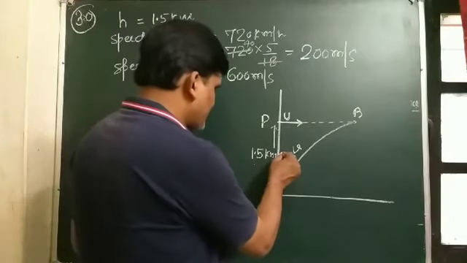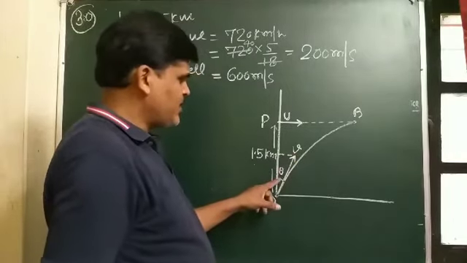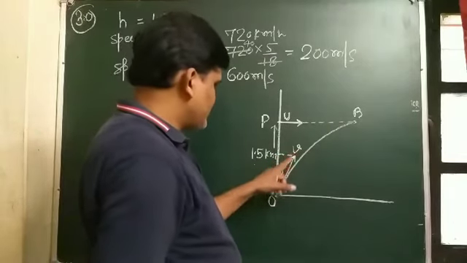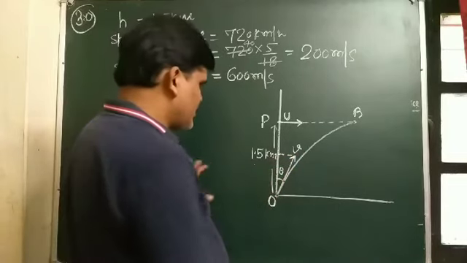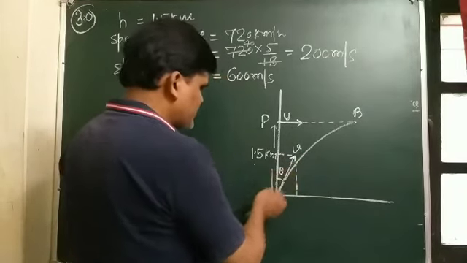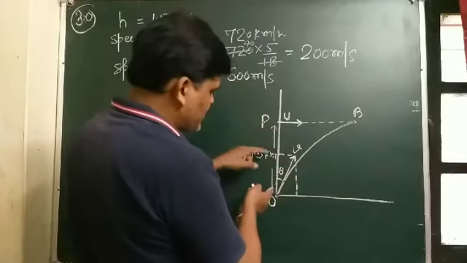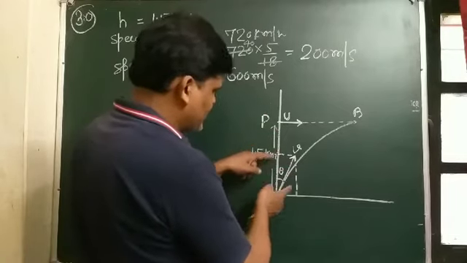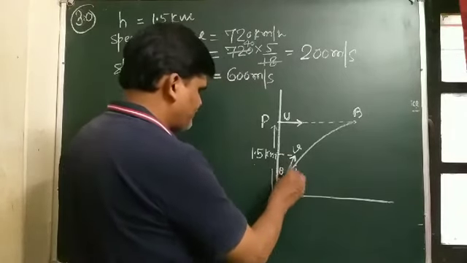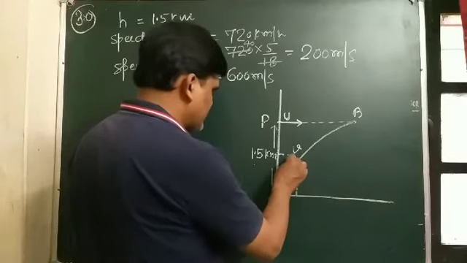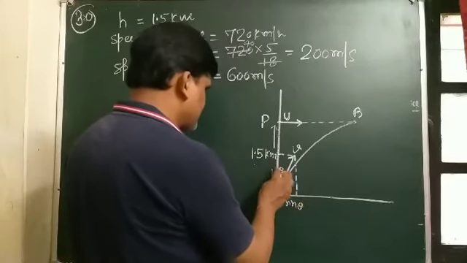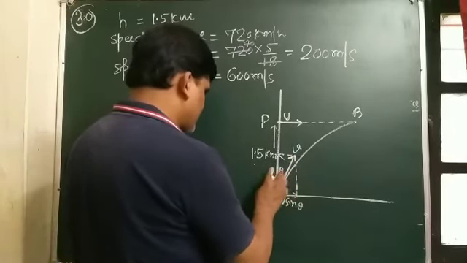So student, here the shell fired from the gun with the velocity v makes angle theta with the vertical. The horizontal component of this velocity is v sin theta, and the vertical component is v cos theta.